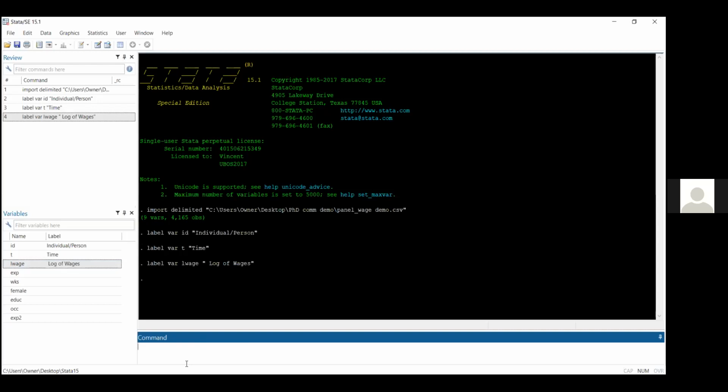And then I also do the next variable, which is EXP, and EXP stands for years of full-time experience, and then you close.